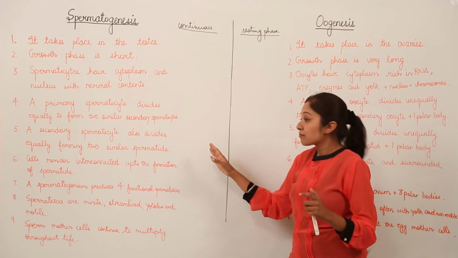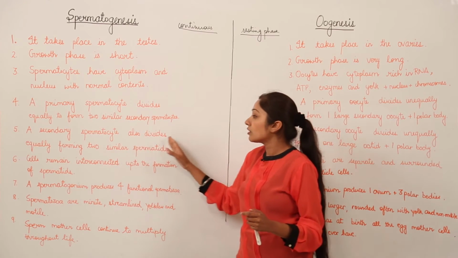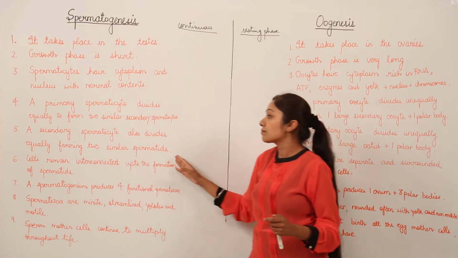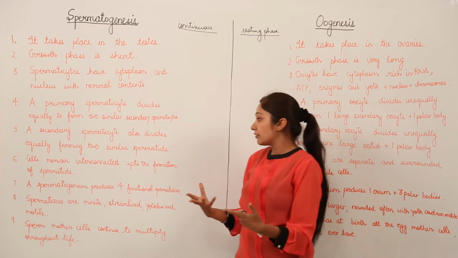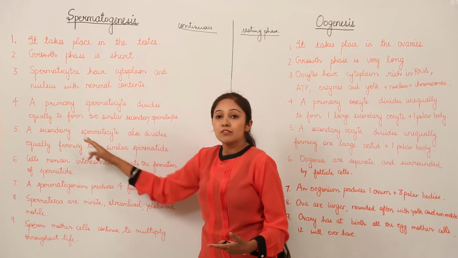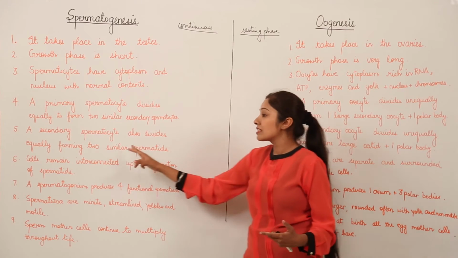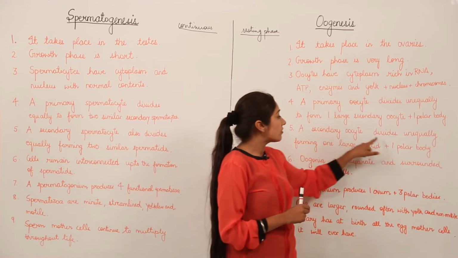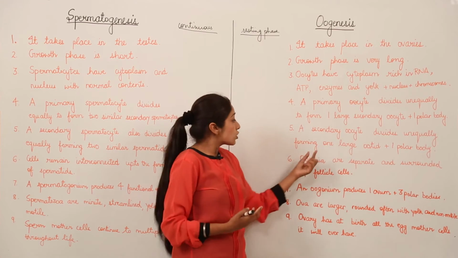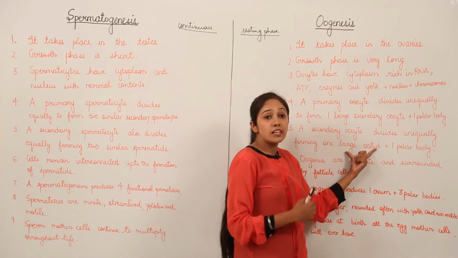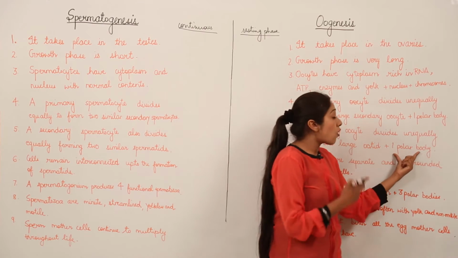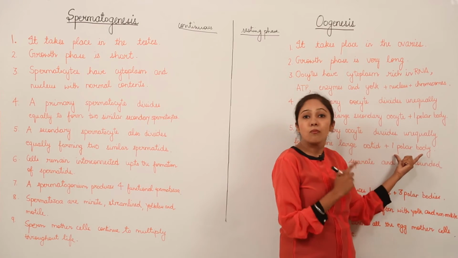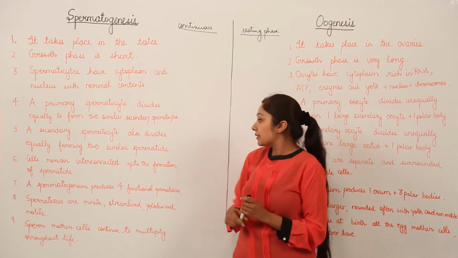Next, fifth point. A secondary spermatocyte also divides equally, forming two similar spermatids. Again there is equal division. But a secondary oocyte divides unequally again to form one large ootid which is functional, and one non-functional minute polar body. Remember this.